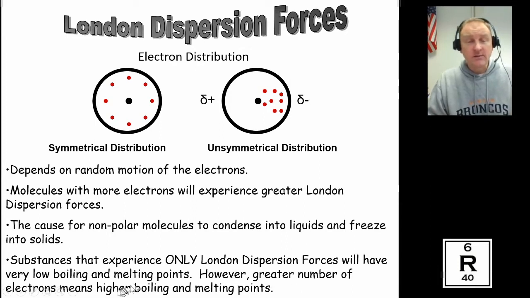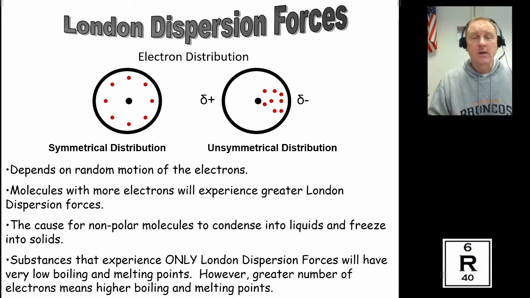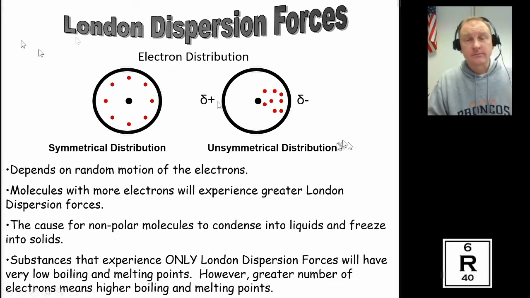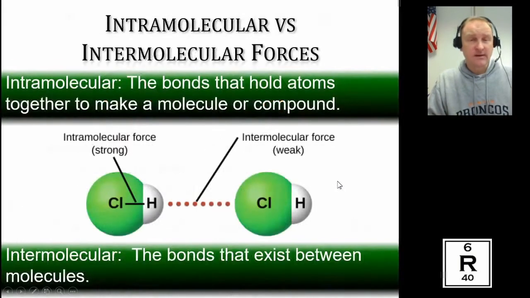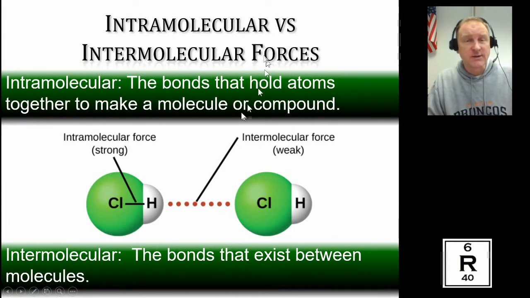However, a greater number of electrons means higher boiling points and melting points. So everything is unique, and the structure of the compound we're talking about will determine its boiling and melting point. Again, the more electrons, the larger it is, the more offset it can get, the more imbalance it can get, the more polar it can get.